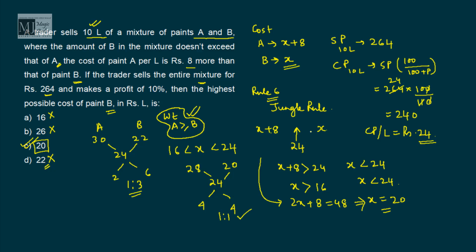Such that the value of B is not overpowering the value of A. 1 is to 1. It cannot be more than that. Okay. So this is the line where we should be putting this 24 so that we have more of weight, more of mass weight on A side and not on B side.